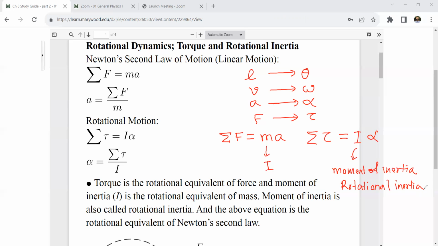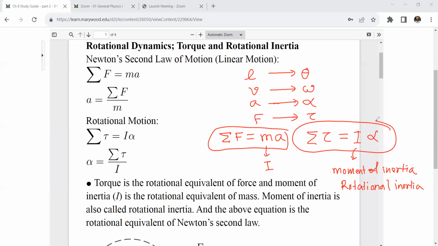For the time being, just remember that, and then we are going to determine the mathematical definition of I, the moment of inertia. So this is Newton's second law: when rotation is involved, Newton's second law is tau equal to I alpha.